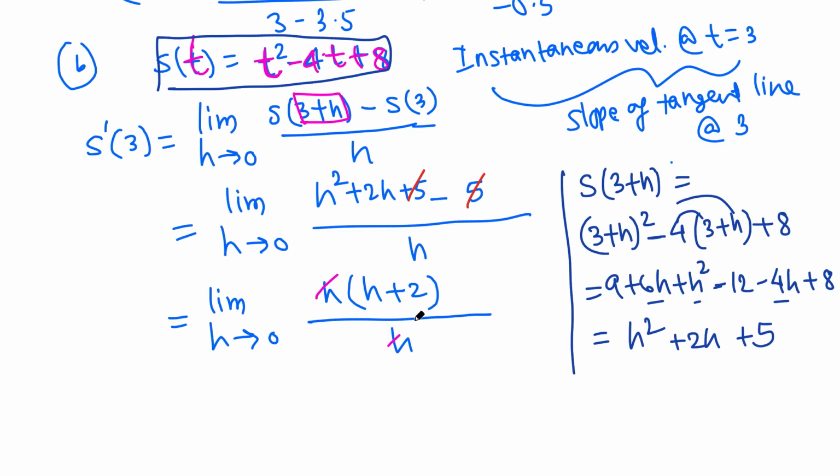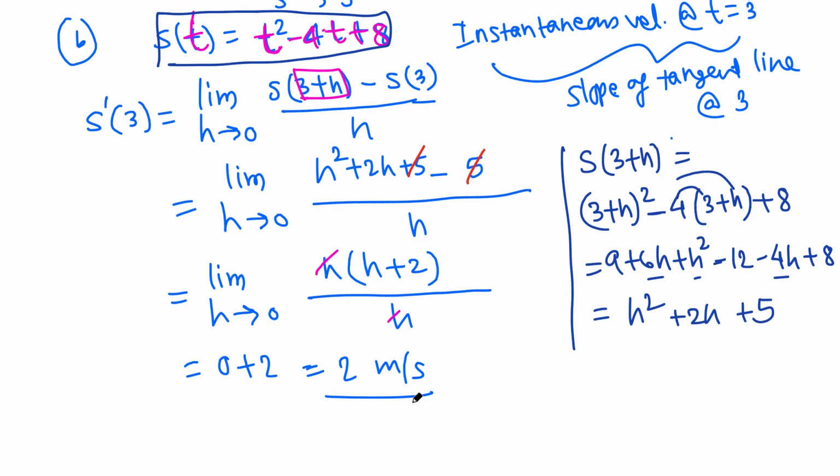Now we plug in h equals 0 into this function: 0 plus 2, which is just 2. So that's the velocity, 2 meters per second, and that's what we expected earlier.